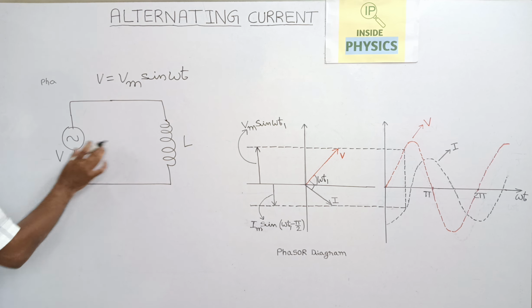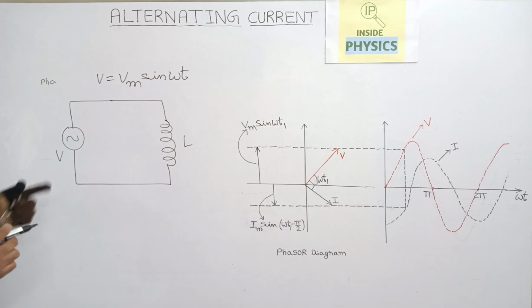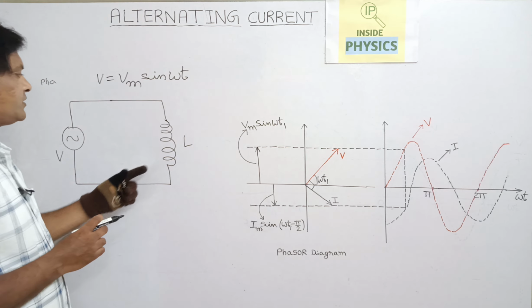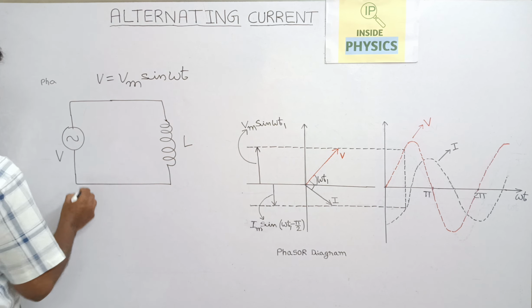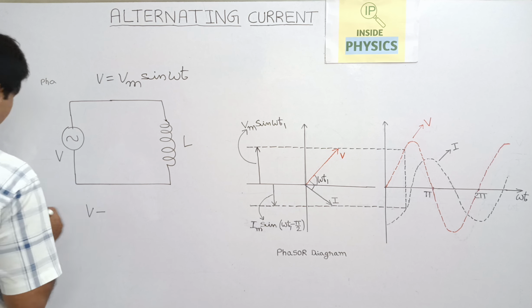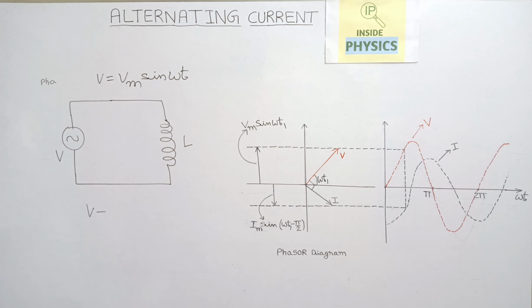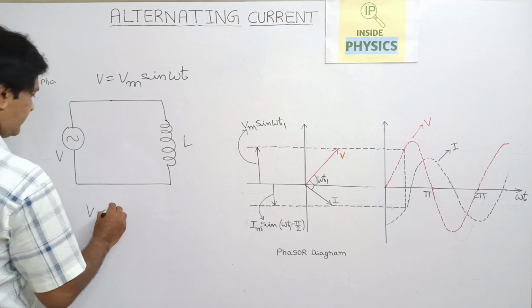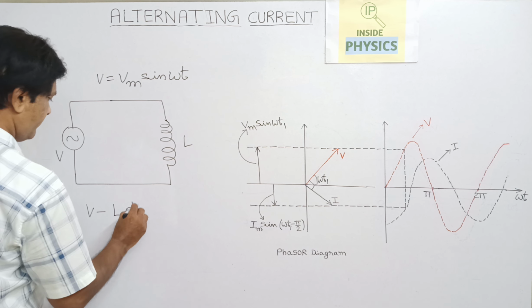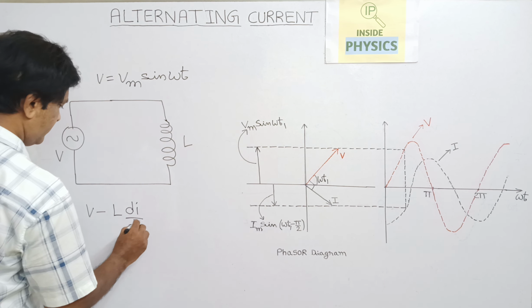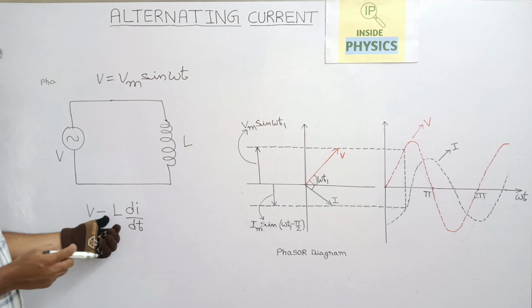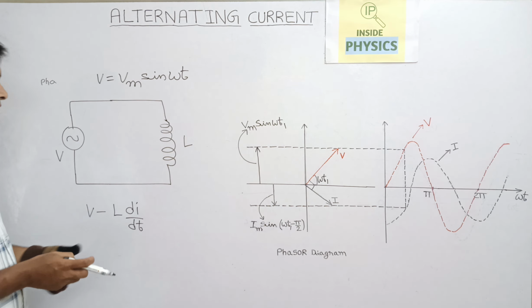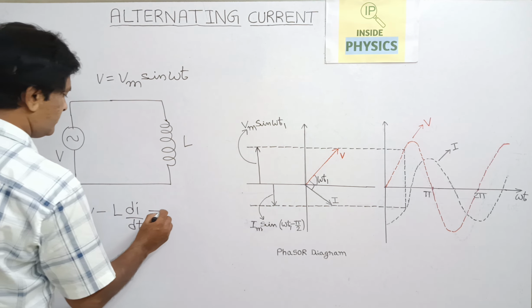We know from Kirchhoff's second law that all the potential differences, all the EMFs across a closed circuit, sum to 0. In that sense, we write the equation V minus L dI by dt, where this term comes from Faraday's law and the negative sign comes from Lenz's law, is equal to 0.